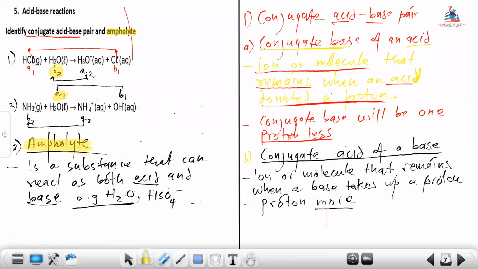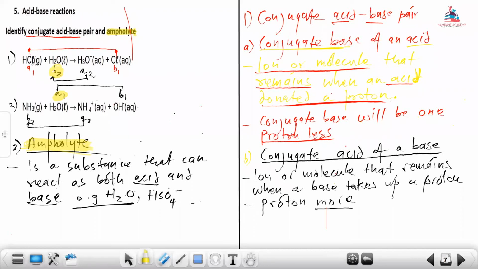So after donating a proton, what is it that will be left here? It will be Cl minus. So it basically says for a conjugate base, it is the remaining molecule or ion of the acid after it has donated.